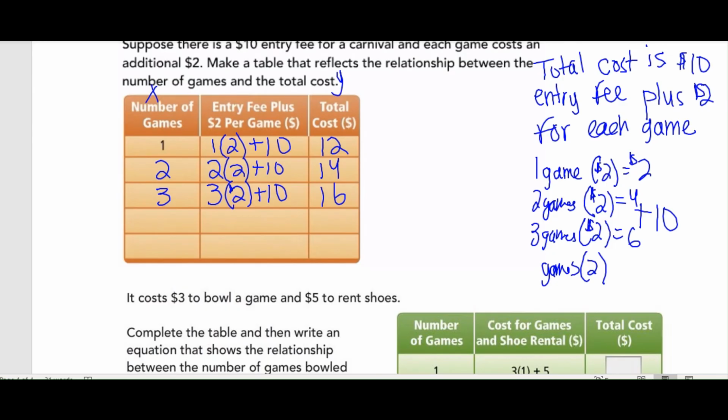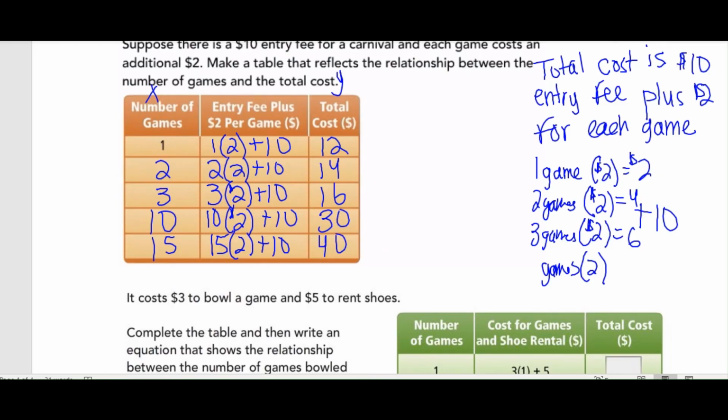And then we have, let's say we play 10 games. We will take that 10 games, multiply by the rate of $2 for each game, and then add the $10 entry fee, and we'll end up with 30. And then we have 15. So we take the 15 games, multiply by 2, add the $10 entry fee, and we'll end up with 40.